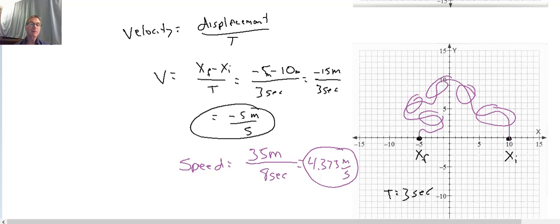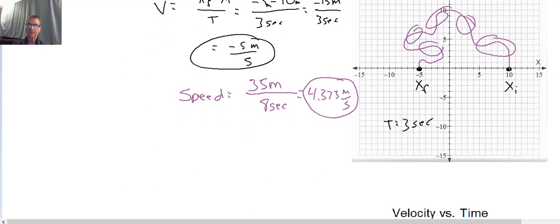So speed is just a magnitude, whereas velocity is a magnitude and a direction. So both velocity and displacement are vectors because they give us the magnitude and the direction of what we're talking about. Okay, so that's velocity.